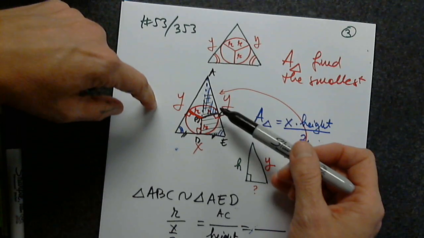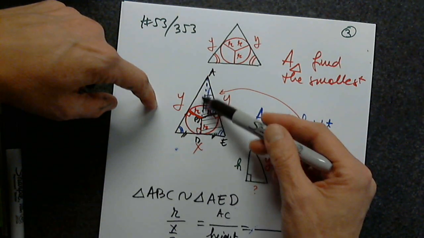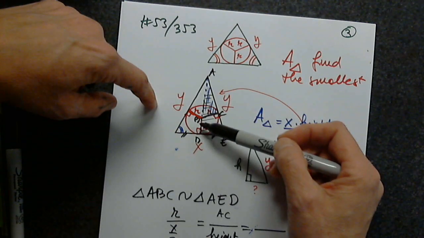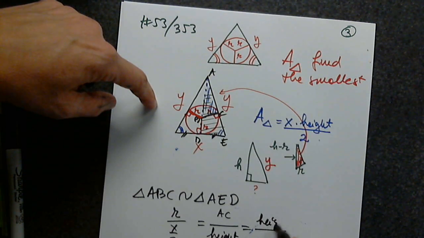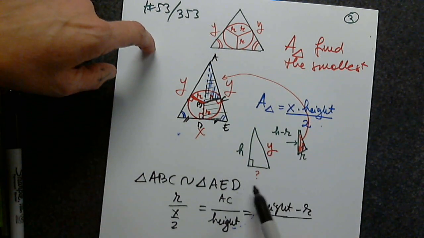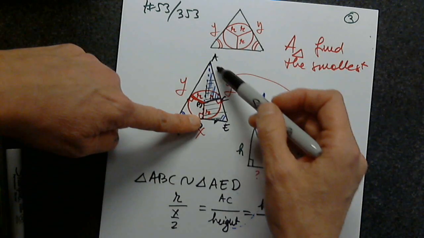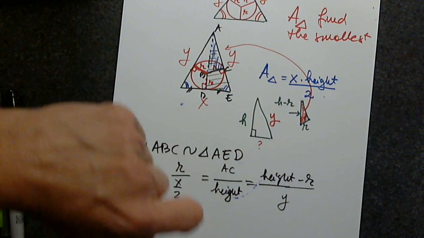Now the right triangle. The right, that's C. The opposite of C in the big triangle is height minus R. And the opposite of D in the big triangle is Y.